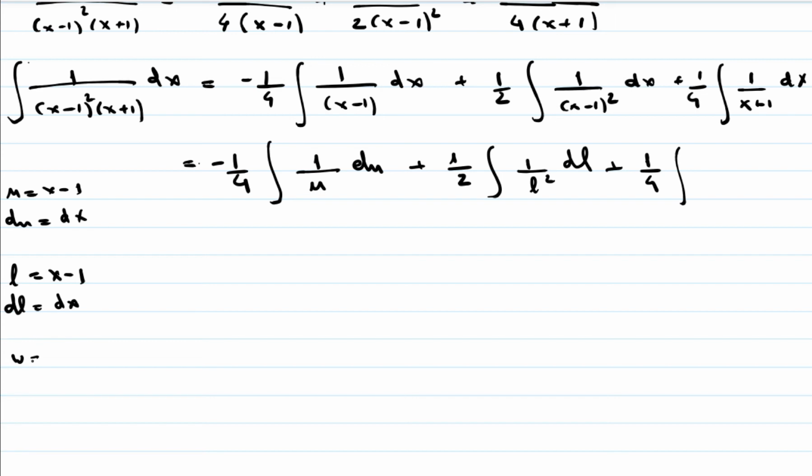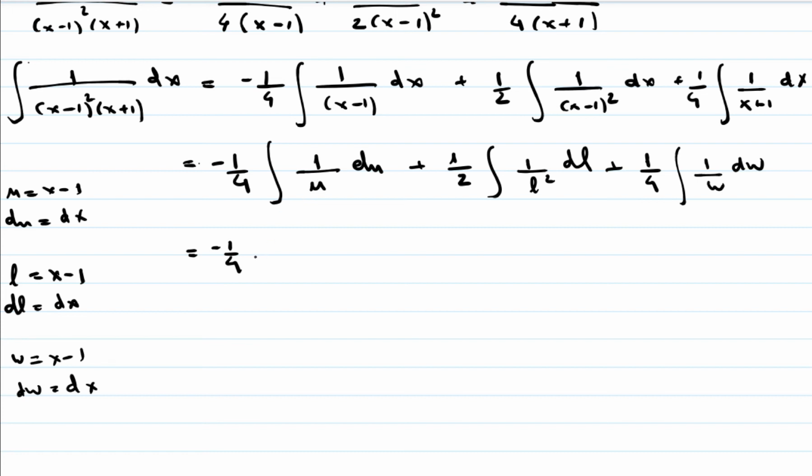W is x plus 1, so it means that dw is equal to dx. So this is going to become 1 divided by w dw. Now we're going to have here minus 1 divided by 4.